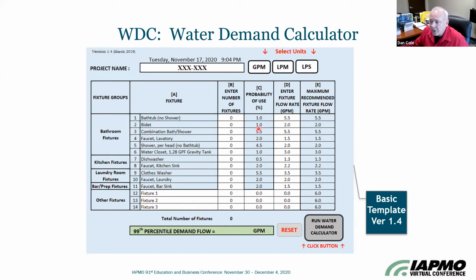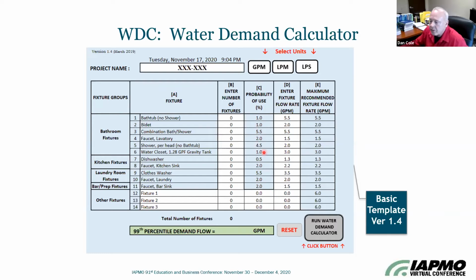You can't change any of the values in blue. However, whatever is in white are values that you can change. So obviously in column B, you would enter in the number of plumbing fixtures that are in that dwelling unit. And here you see column C is the probability of fixture use. Those cannot be changed. Those are fixed.